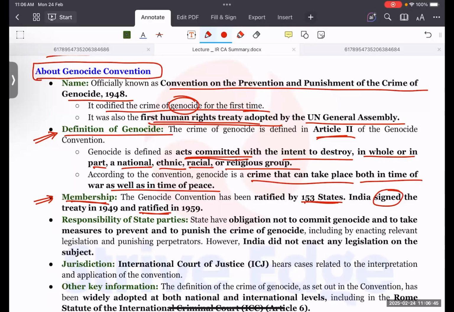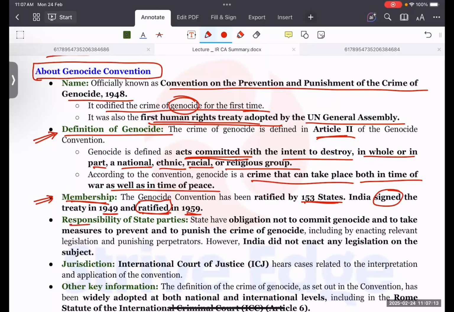That is when the bill has to be passed in the parliament, and that is when we call it ratified, or the executive, that is the president's sign, has to be given on that. The president will give the sign only after the passage of the bill in the parliament. So that is when it is called ratified. India signed this in 1949, but we ratified it in 1959.